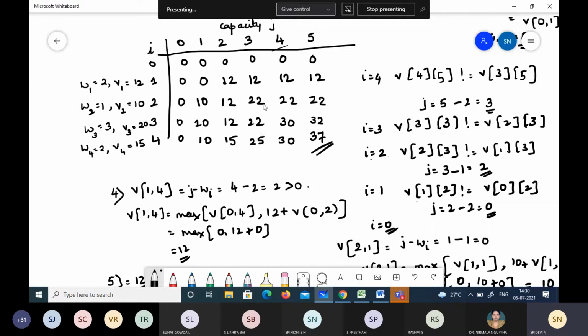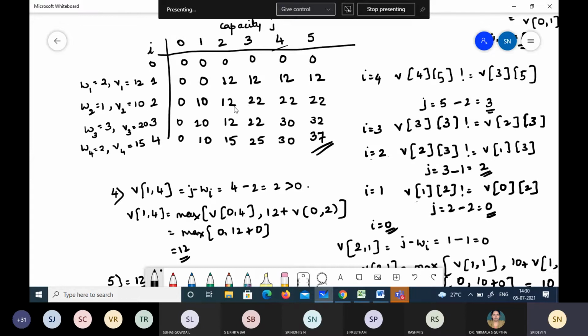See, these two cells will be compared. As they are the same, what should I do? We will not select it, because the values are the same. Only if they are not equal, it means that particular object will be selected. Object 3 is not selected in this case. Then again we move on like that.